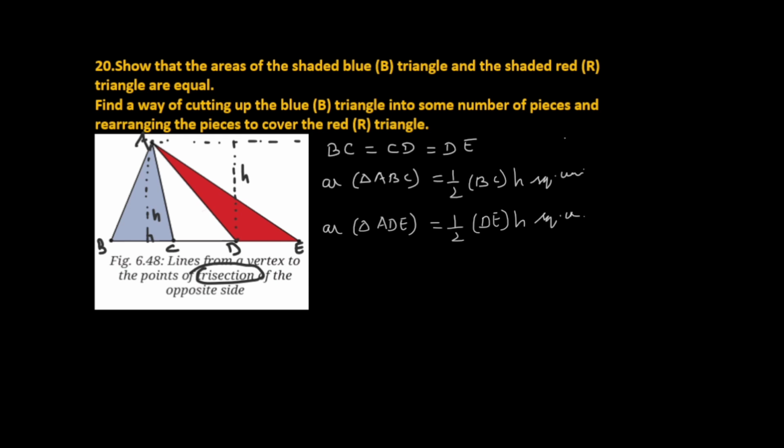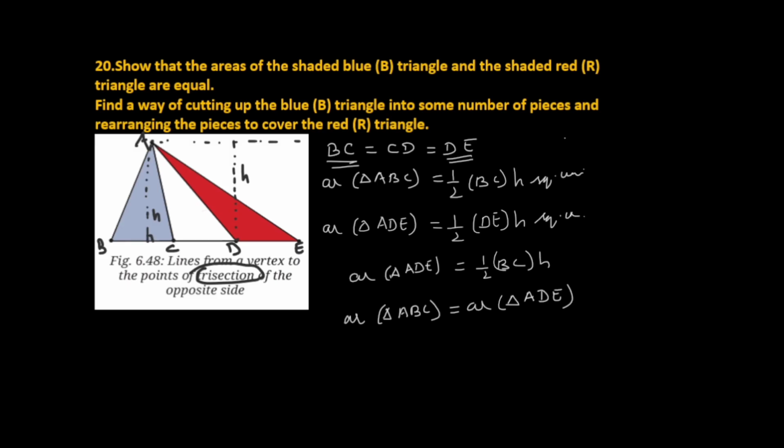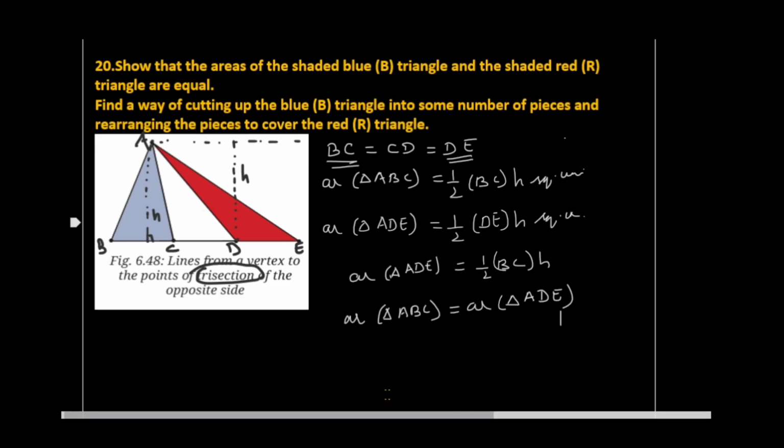Now here BC is equal to DE, so for triangle ADE we can replace it with half into BC into H. So the area of triangle ABC is equal to the area of triangle ADE. Both the areas are the same. So we proved the blue triangle and red triangle have equal areas.